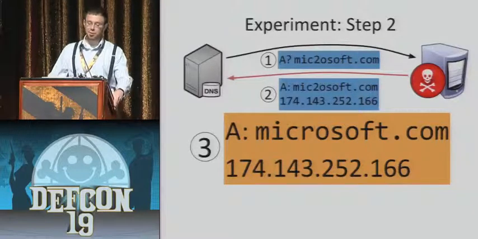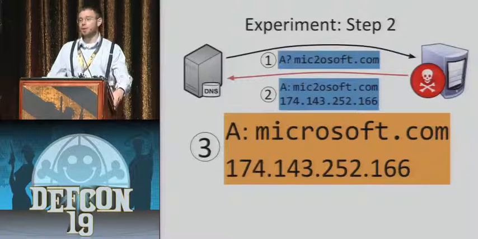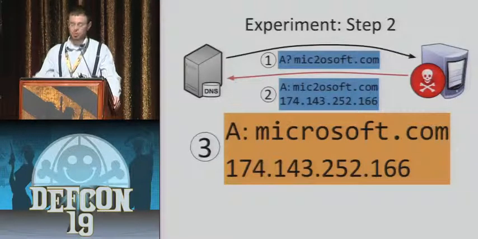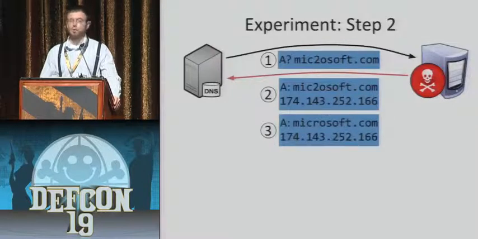If it did indeed query mic20soft.com, it'll accept that reply, but discard the Microsoft reply. In an overview, for every DNS request you receive, you have to send back 2 responses. And this isn't just A records. This is also other types of records, such as NS requests.